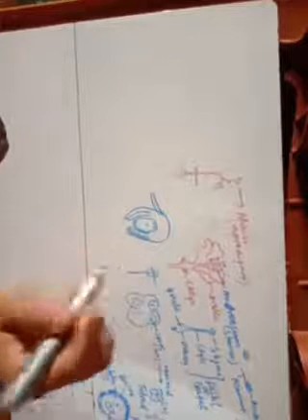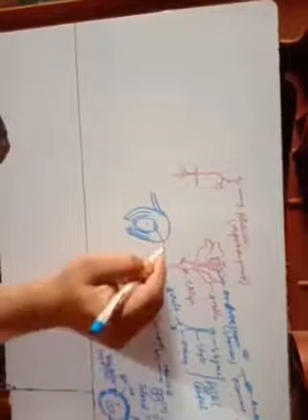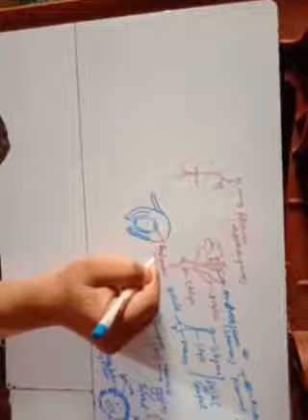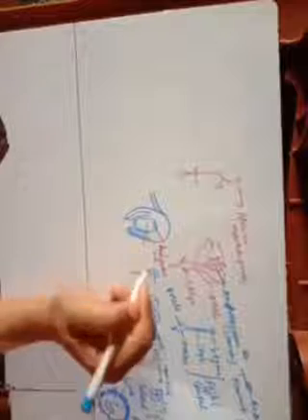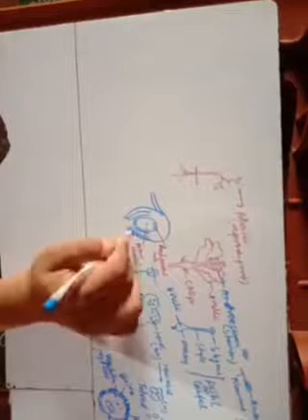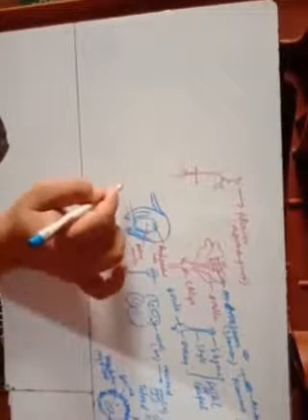So here you will find the 3 antipodal cells, and here it is the secondary nucleus or polar nuclei, and here are the 2 synergids and 1 egg cell.